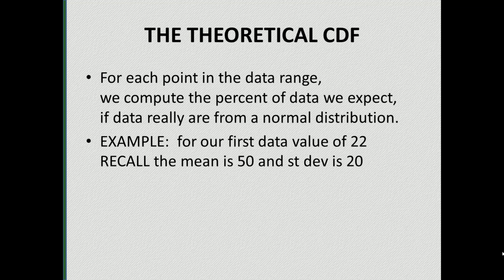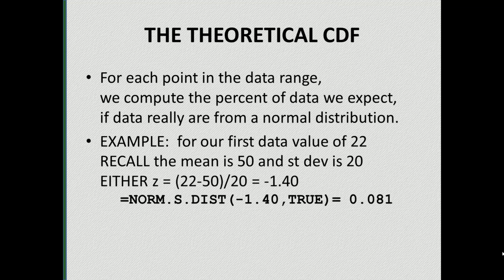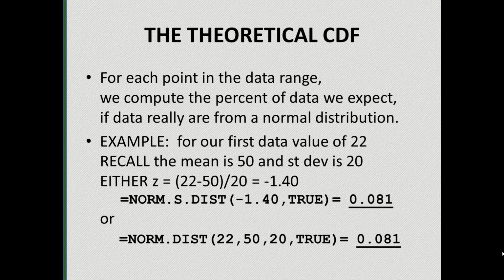Our first data value was 22, mean of 50, standard deviation of 20, and so we can compute the z-score of negative 1.40 and 0.081, 8.1% of the data are 1.4 standard deviations or more below the middle, or we can simply compute the norm.dist function. Either way, we're finding 8.1% of the data should be 22 or less.